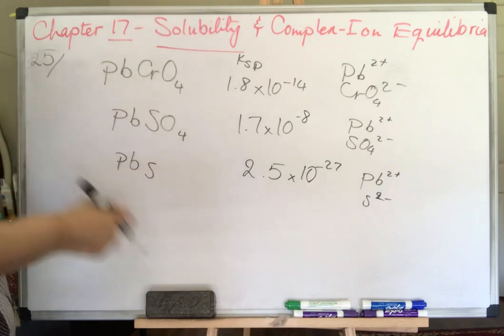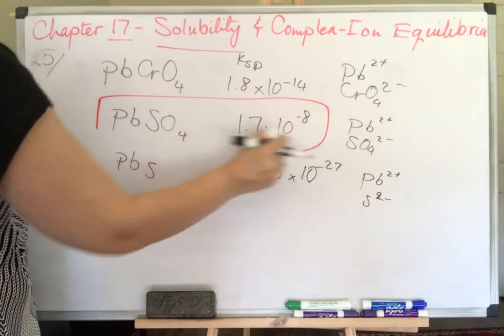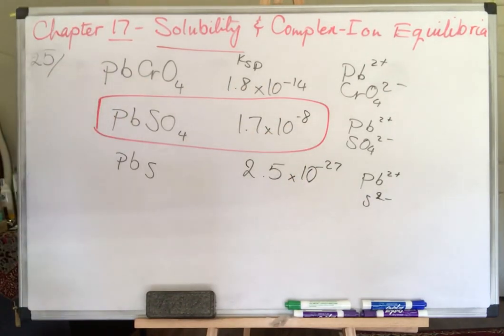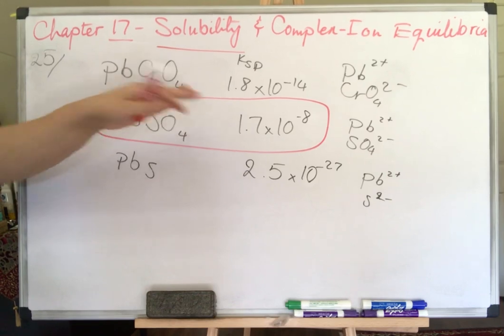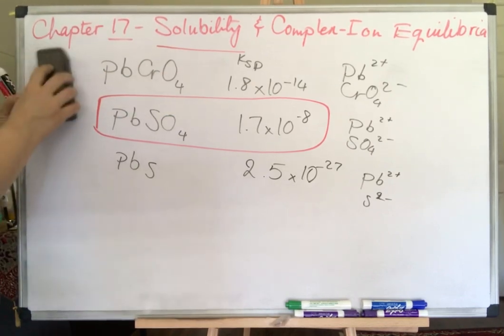The only thing given to you is Ksp, so you just go by the largest Ksp value. The larger the Ksp, the more soluble. That's how you determine it, without any calculations.